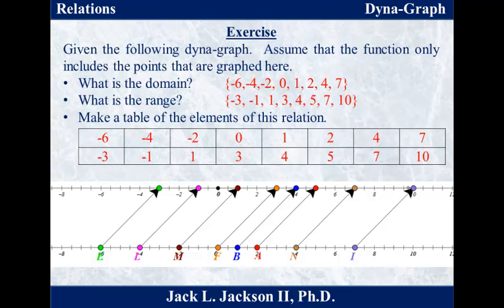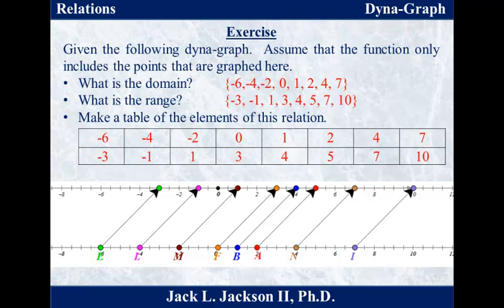And it looks like each point moved how far to the right? Each point's going to the right as we move up there. And how far? It looks like 3. So it looks like maybe the formula would be what? The output is the input plus 3.